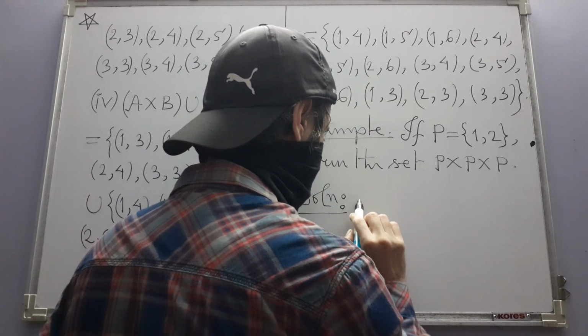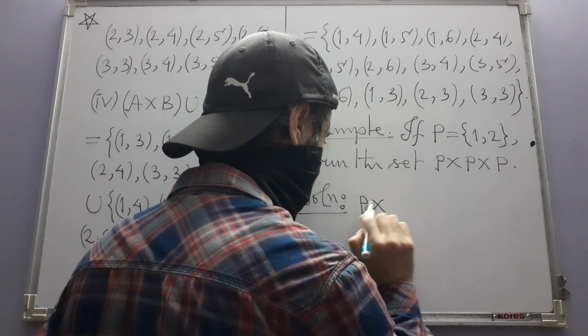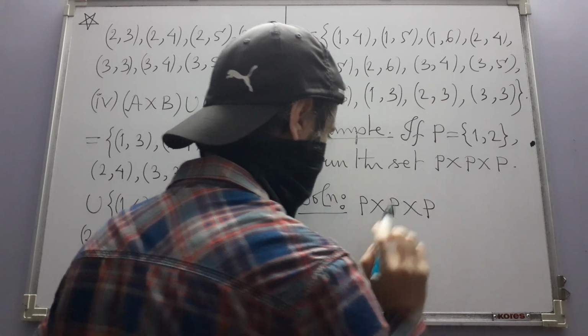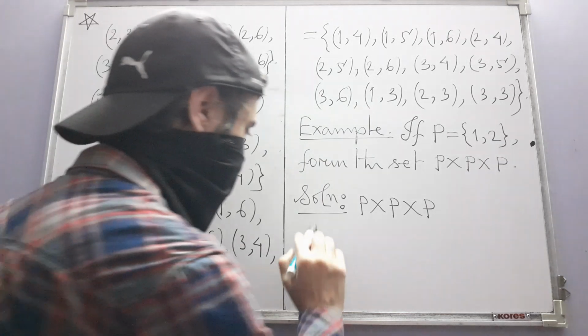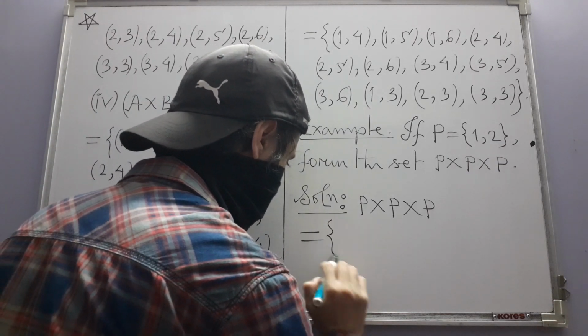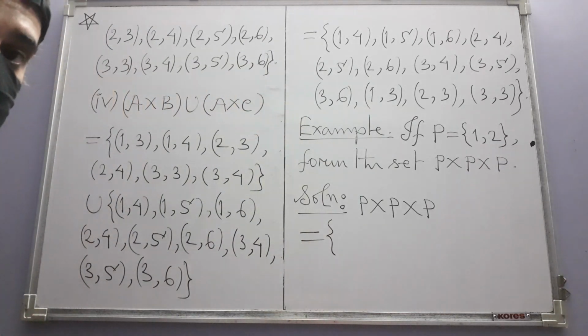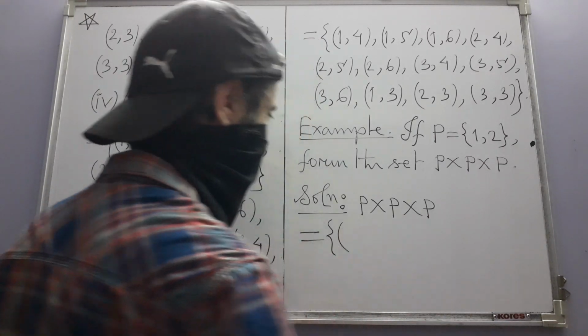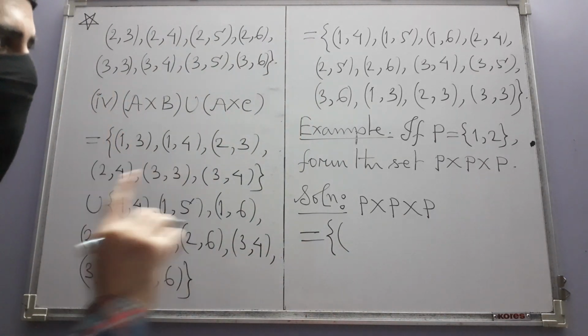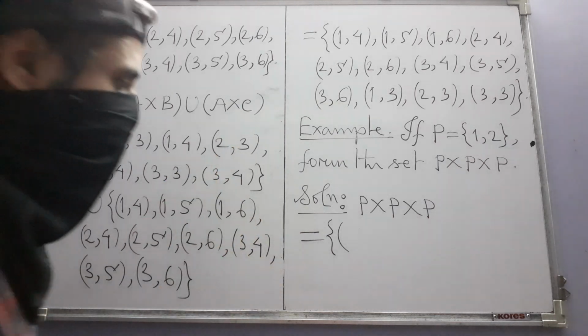Alright, now we have to be a little careful. Now we are not going to write ordered pairs but ordered triples, where all the components, now there will be a third component also, are going to be elements of P. So let me first fix the first component as 1.